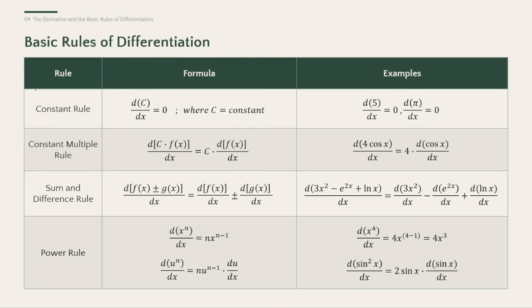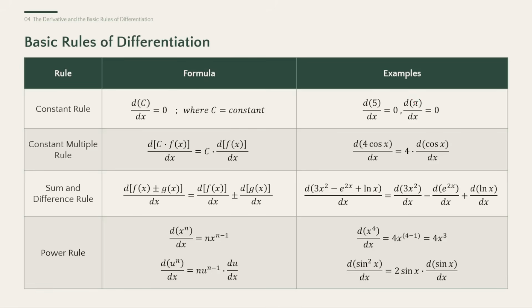The first one is the constant rule. The constant rule states that any constant, when differentiated, the answer is always 0. Hence, the derivative of a constant is always 0. For example, 5 is a constant, and the derivative of that is 0.